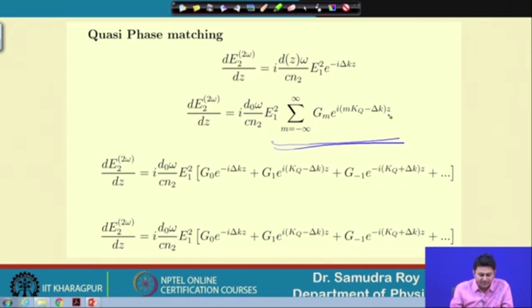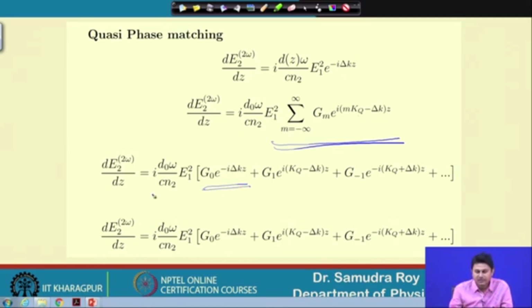Now, once we have this, I can expand this term as a function of m by changing the value of m. So, dE2/dz equals i d0 omega over c n2 E1 squared, which is the constant term, and then I expand this sum. For the first term, if I put m equal to 0, the k_q term is 0, so we get G0 e to the power i delta k z, which is the term we already had when there is no k_q.